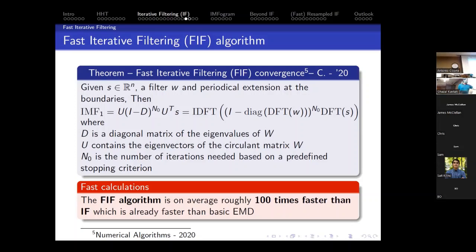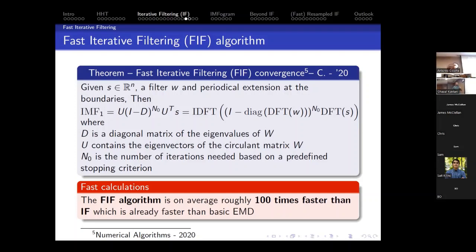So EMD is not stable, but the variations of EMD are hundreds of times slower than EMD. So fast iterative filtering is 10 to the 4, 10 to the 5 times faster than the stable version of EMD. And so we are talking about hours with the stable version of EMD versus seconds with fast iterative filtering. Okay, so extremely powerful. And all thanks to the mathematics.